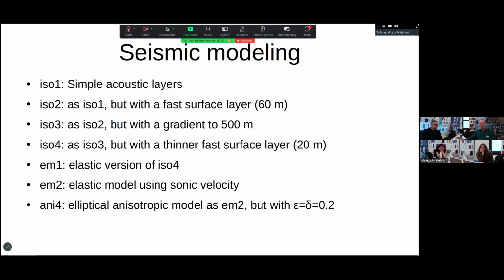I'll start with simple acoustic layers, but then add a fast surface layer, then move on to having a gradient in the upper part. Continue with an acoustic one, but with a thinner fast surface layer, then move over to an elastic model using the sonic velocity, and then I will introduce anisotropy, and we'll see that it's possible to pretty much match what we see on the seismic.